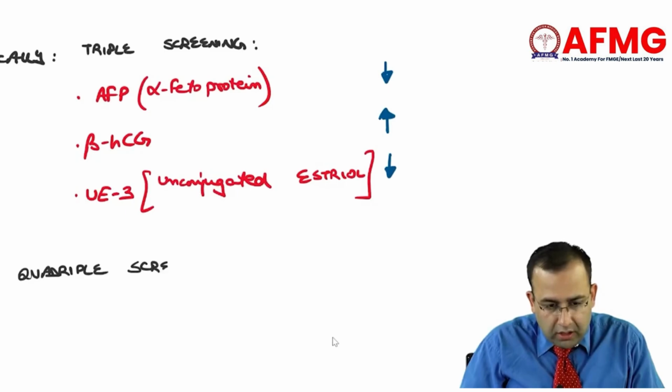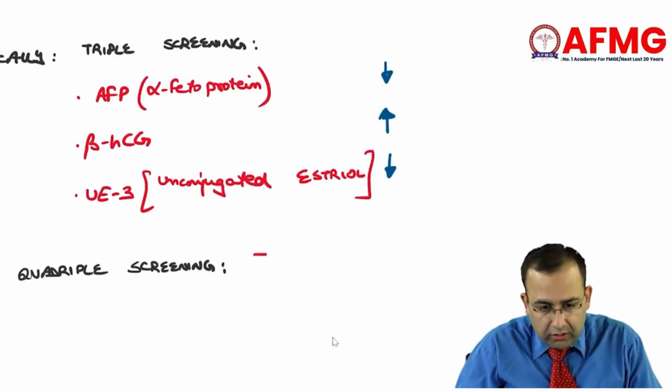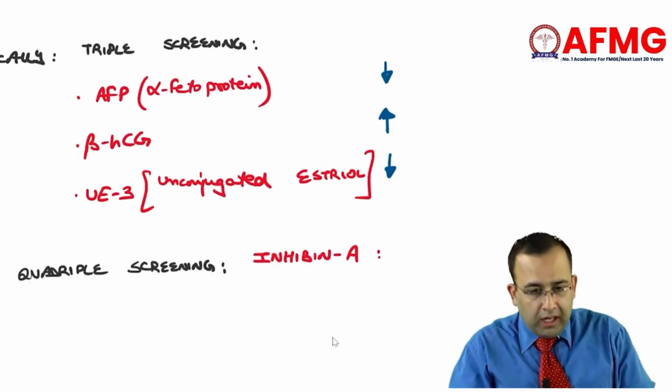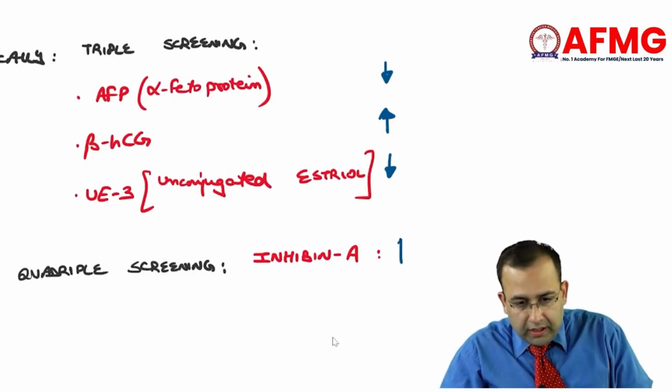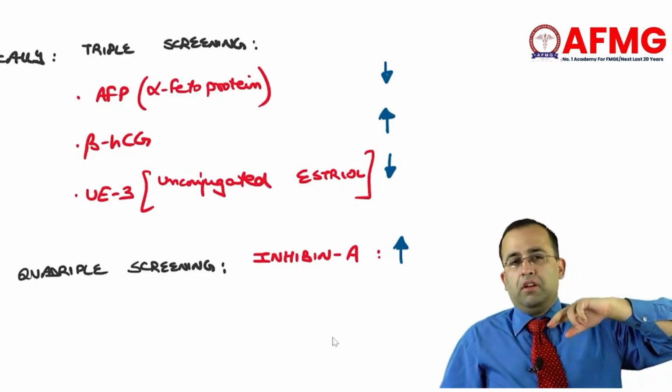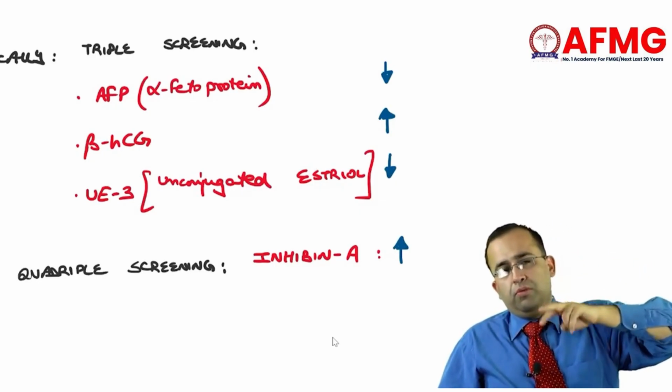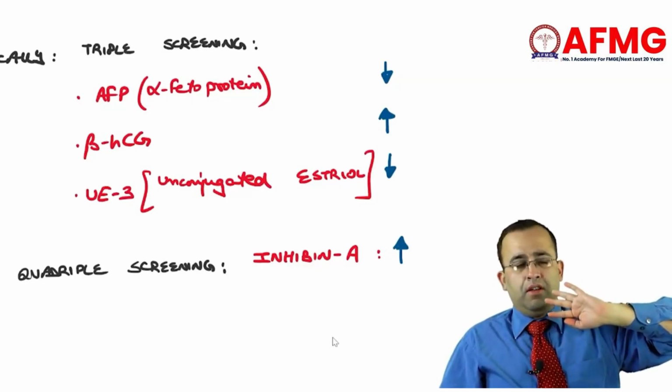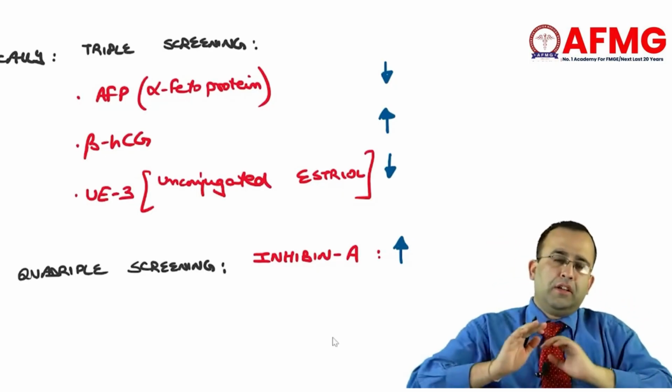In quadruple screening we add one more marker, that is inhibin A, which also increases in Down syndrome. So quadruple screening में 2 markers increased, 2 markers reduced. This is antenatal screening of Downs.